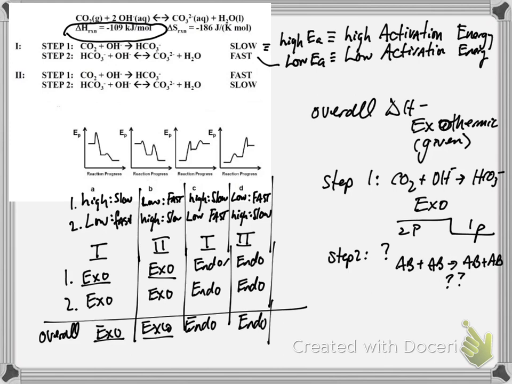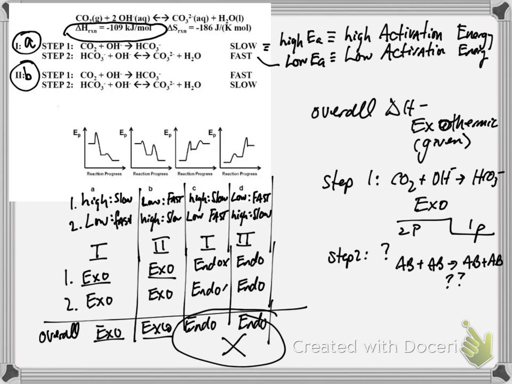So now what we could do is, well, we can first of all exclude C and D, because the overall reaction is not endothermic, so we're really only dealing with A and B, the ones that designate exothermic behavior. And then now we're looking at step 1, right? So in mechanism A, we are going slow, fast, and it's exo.